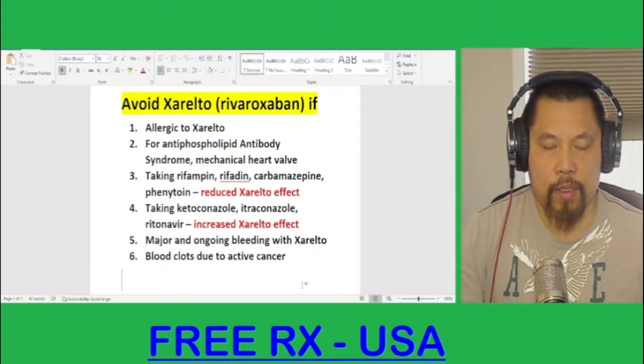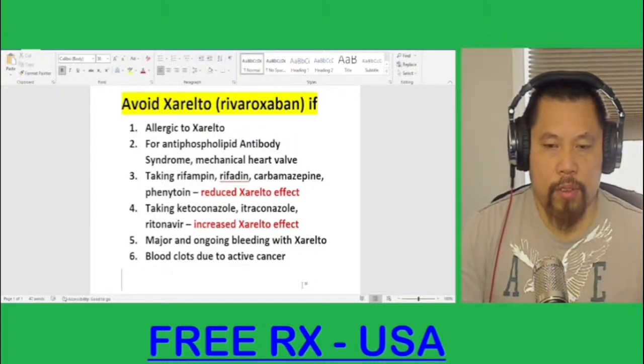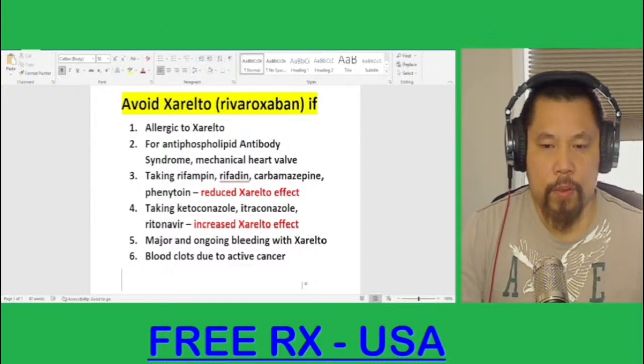There are no drug interactions with prescribed or over-the-counter medication, except Motrin or aspirin. You should avoid Xarelto if you have major and ongoing bleeding with Xarelto.